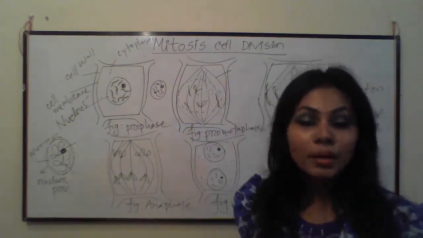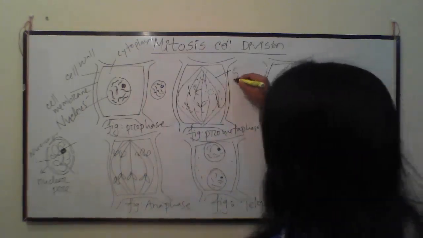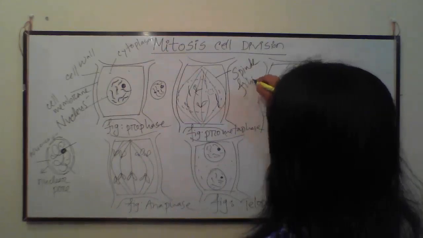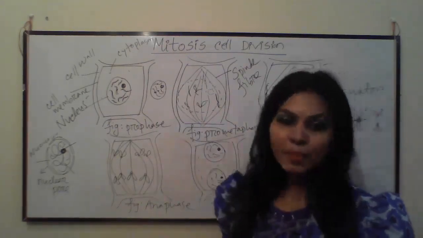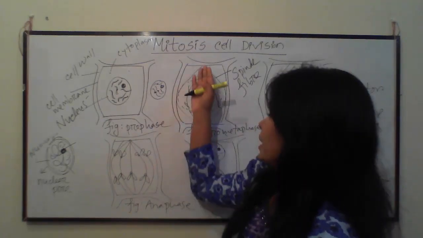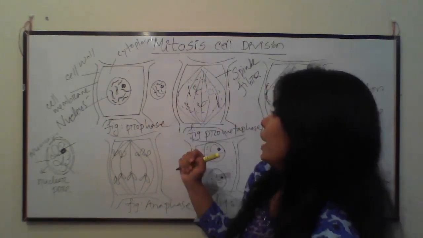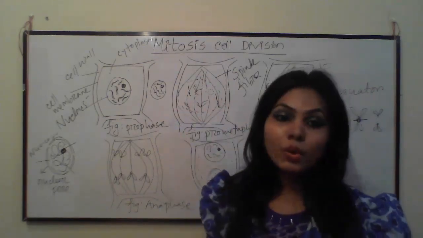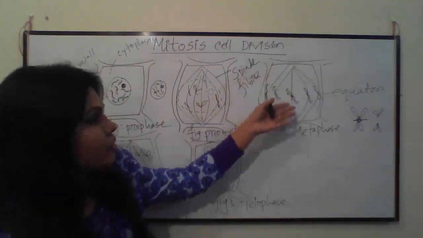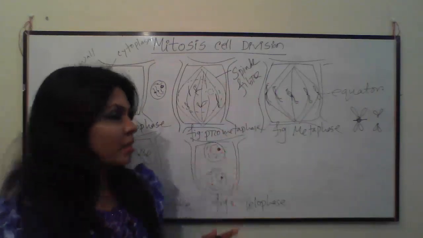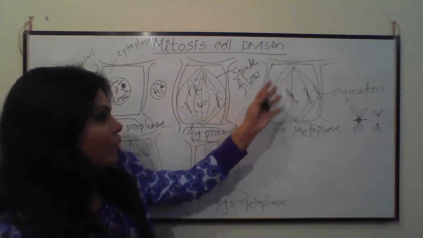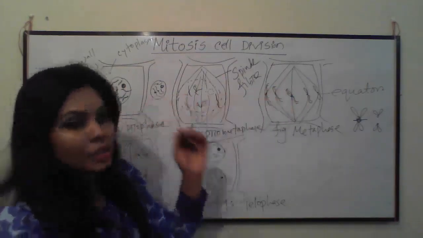This is called the spindle apparatus. I can write here, no problem. Spindle fiber or spindle apparatus. There are two respective poles, and the middle area is called the equator. In metaphase, all the chromosomes come to the equator in the middle of the cell. I mean, they are spread across the space of the spindle fiber.